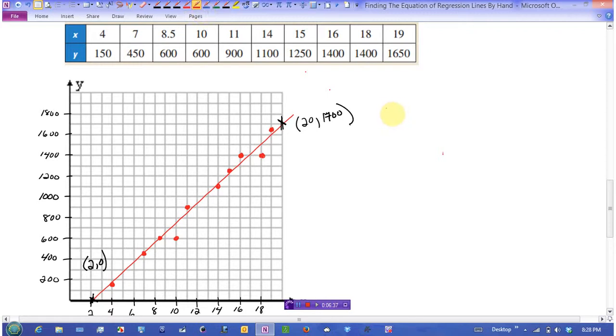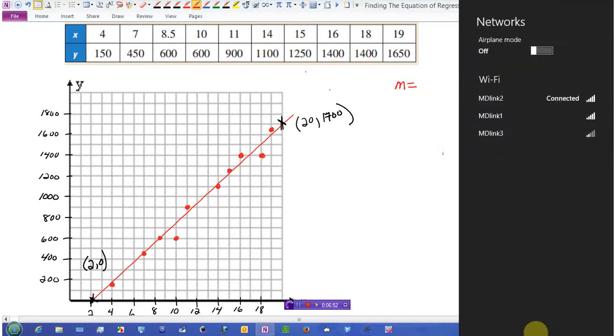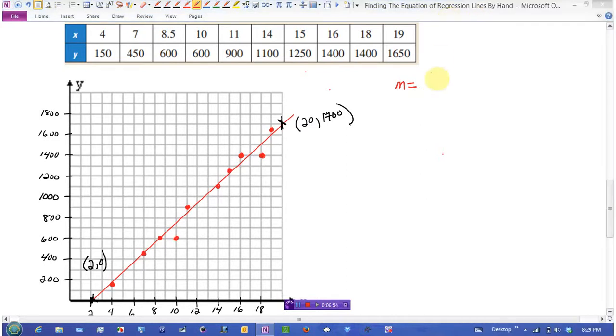So here's my equation. I have the 2 data points, (20, 1700) and (2, 0). Let's find the slope. The slope is going to be the difference of the y's, 1700 minus 0, all over 20 minus 2.